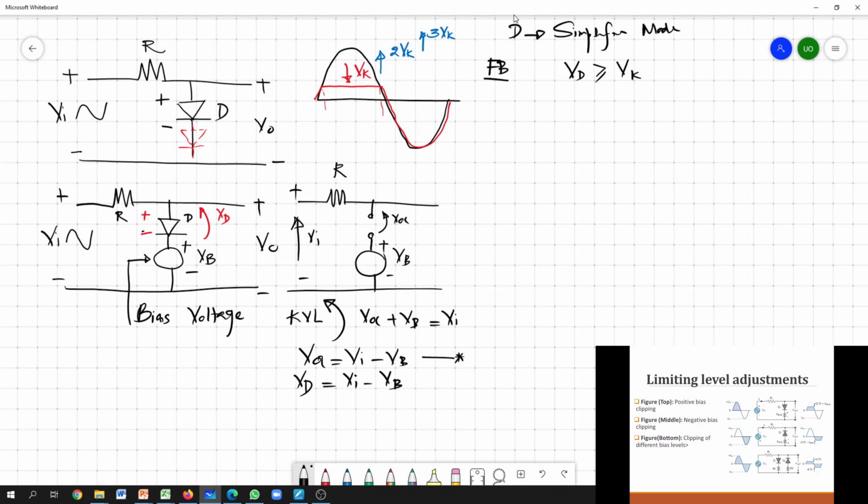Once you plug it in here, Vi minus Vb is greater than or equal to Vk. From this we can build the argument that the input should be greater than or equal to Vb plus Vk. So this is the requirement that the diode needs to meet.